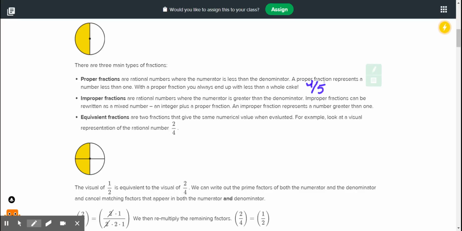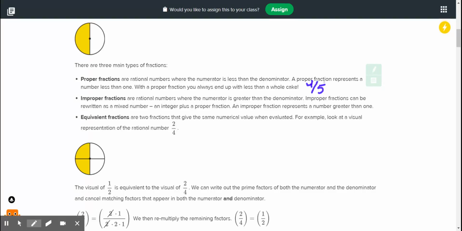Now there are improper fractions, and those are rational numbers where the numerator, the top number, is greater than the denominator, the bottom number. Improper fractions can be rewritten as a mixed number, an integer plus a proper fraction. An improper fraction represents a number that is greater than 1.